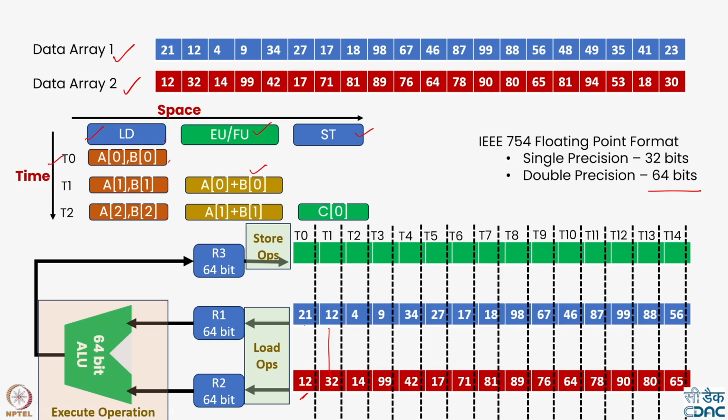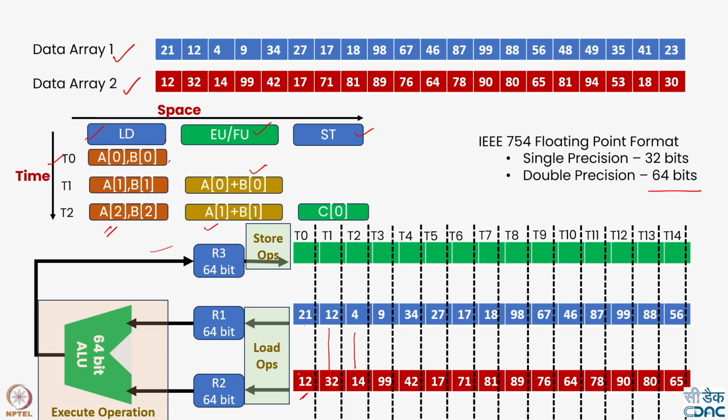Similarly, in the T2 cycle, you can say that these two elements 4 and 14 will go to the load unit to perform the load operation, and the just previously loaded elements at A1 and B1 will go to the execution unit.